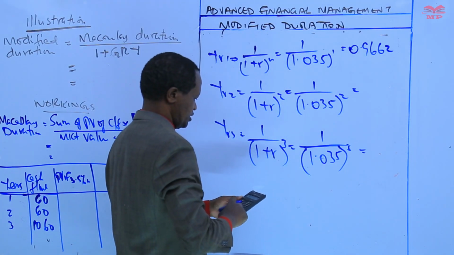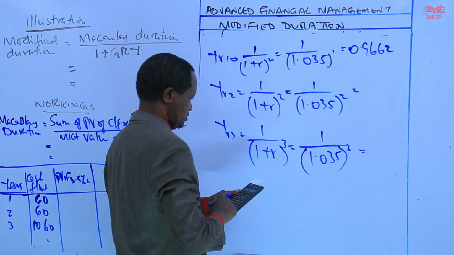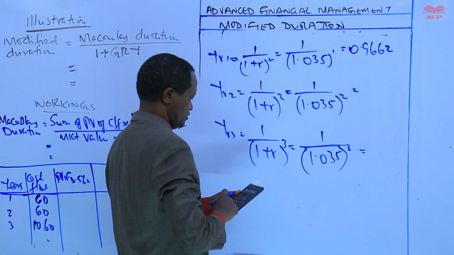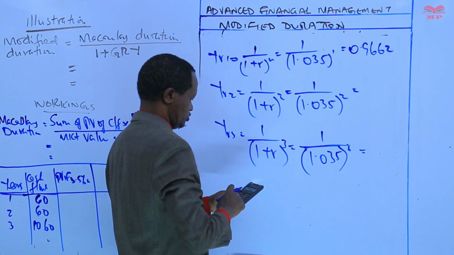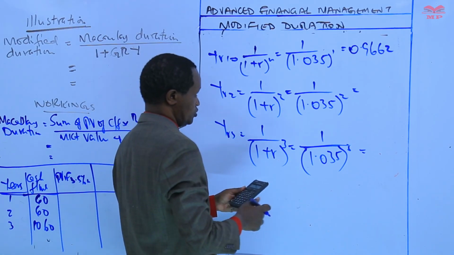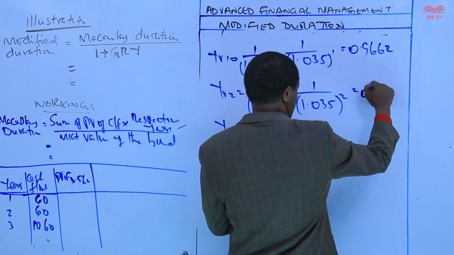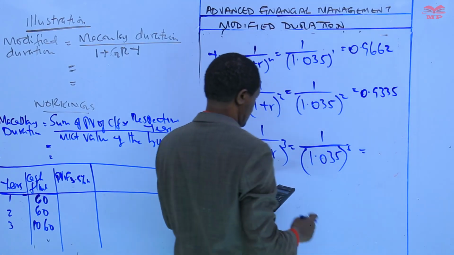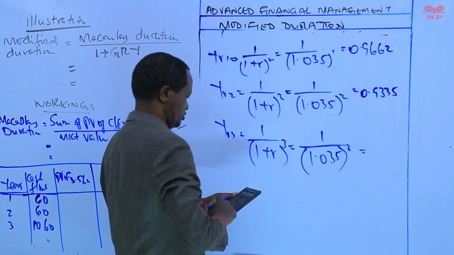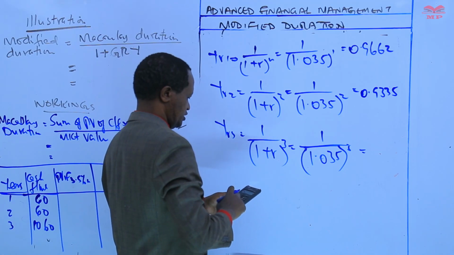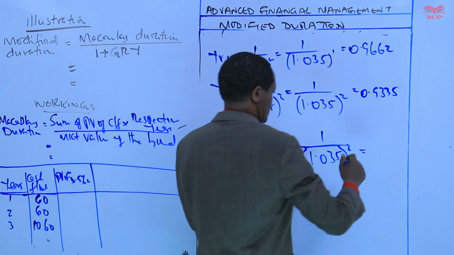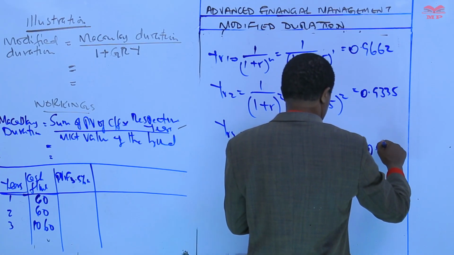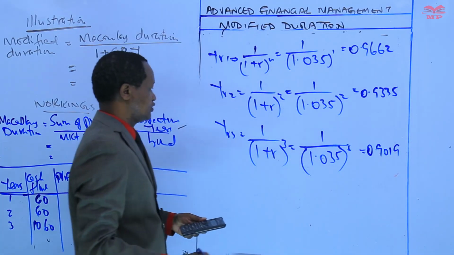Then I divide 1 by 1.035 raised to 2, which gives 0.9335. And lastly, I have 1 divided by 1.035 raised to 3, which gives 0.9019. These are the present value interest factors.